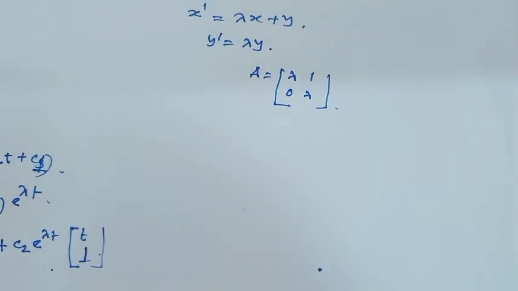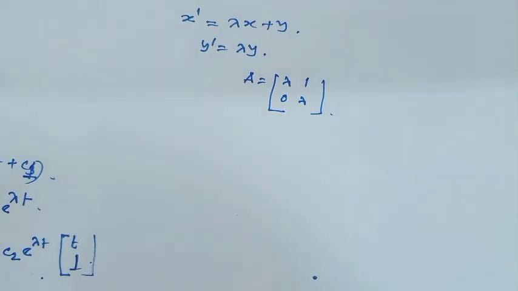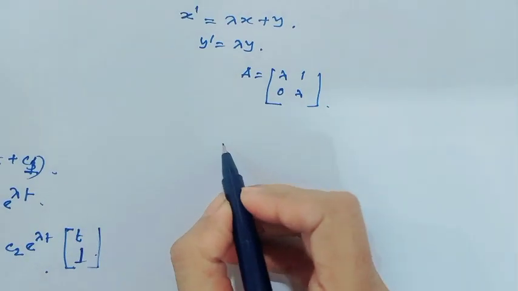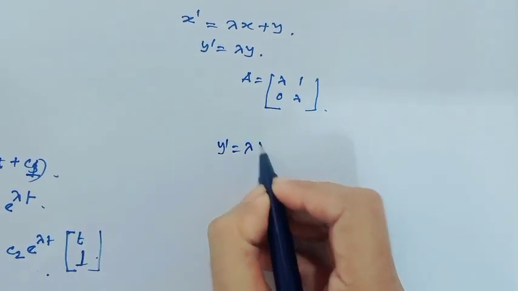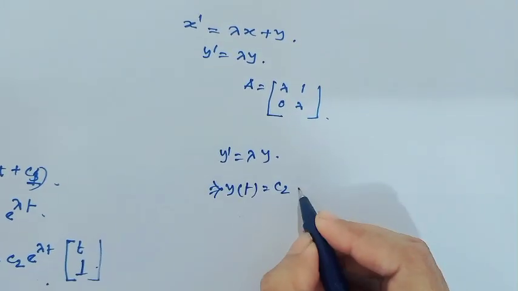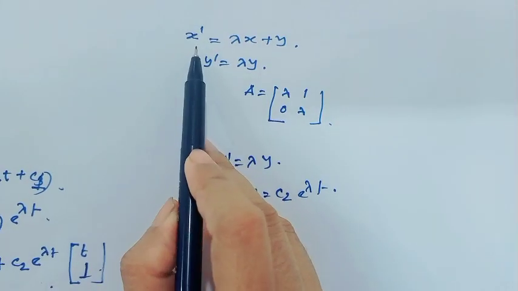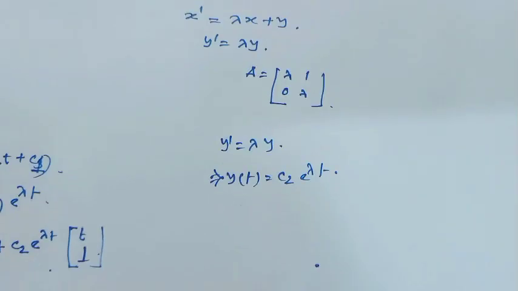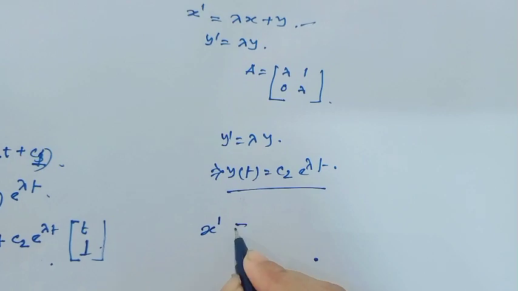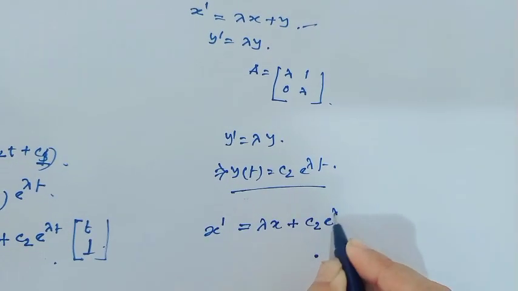I will solve this question in a different way from the previous method. Here y dash equals lambda y, which implies y equals c2 e to the power lambda t. Now for the other equation, x dash equals lambda x plus y, just put the value here. Then x dash equals lambda x plus c2 e to the power lambda t.